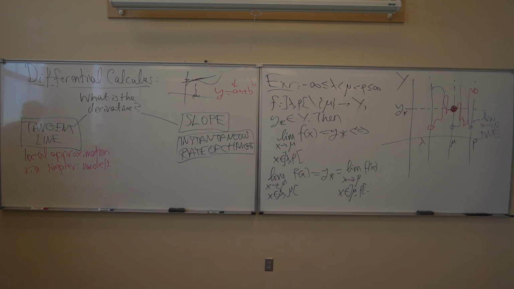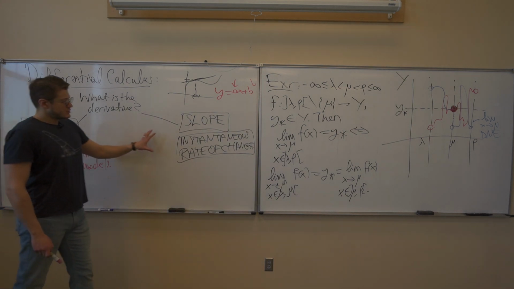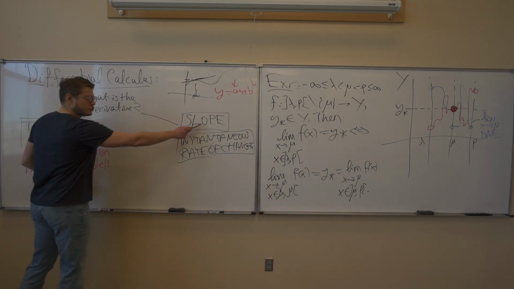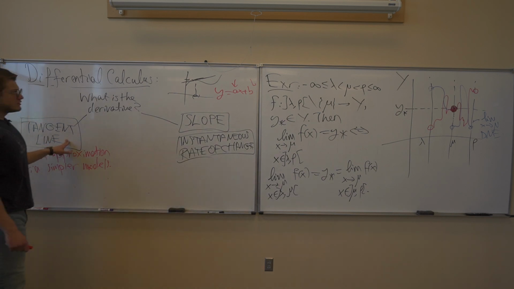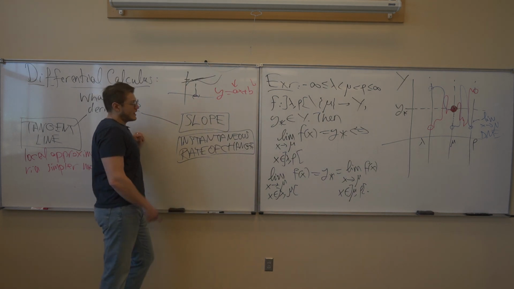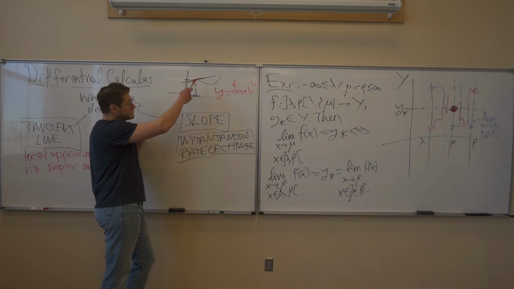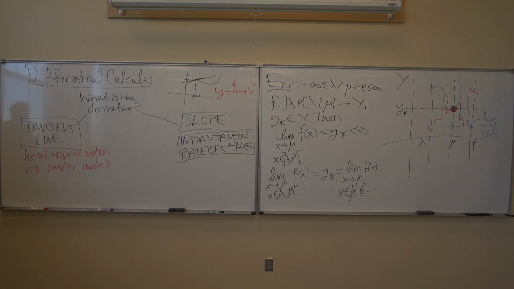Okay. So this is the first idea. And as opposed to this notion of the slope, I would suggest to you that this is the stronger interpretation. The tangent line is a geometric object. Even if you didn't know anything about numbers, if I were to give you a ruler, you could draw the tangent line, and you would have an idea as to what the derivative is.